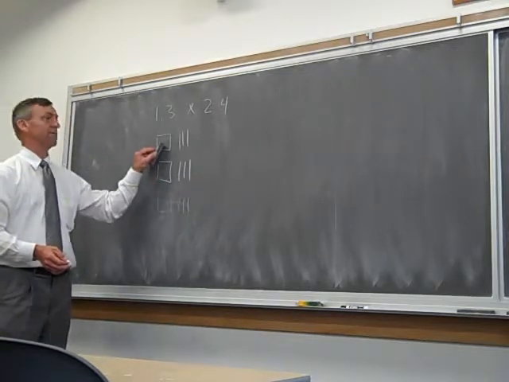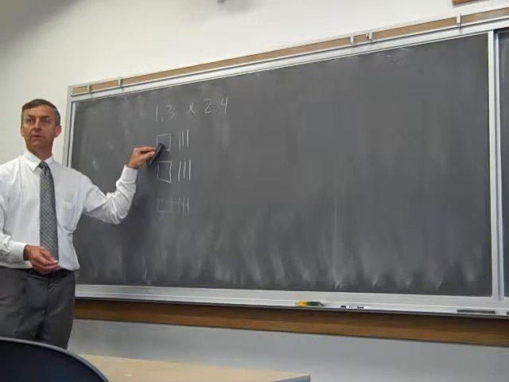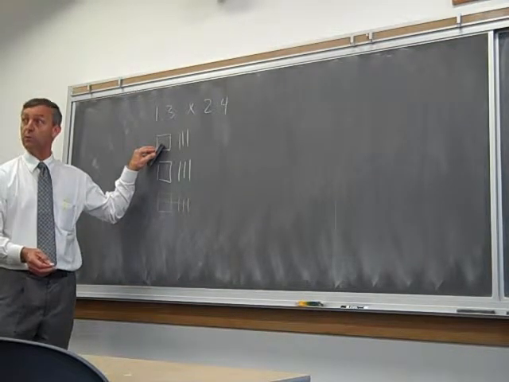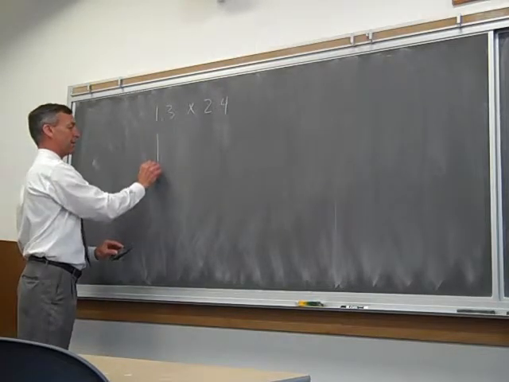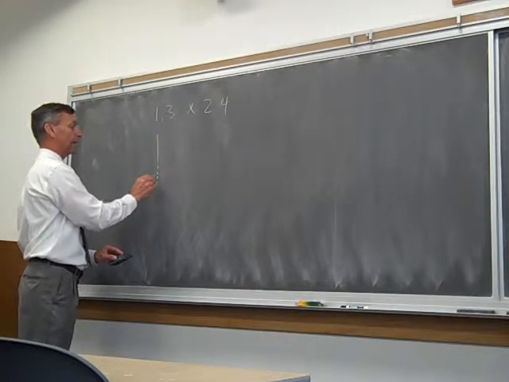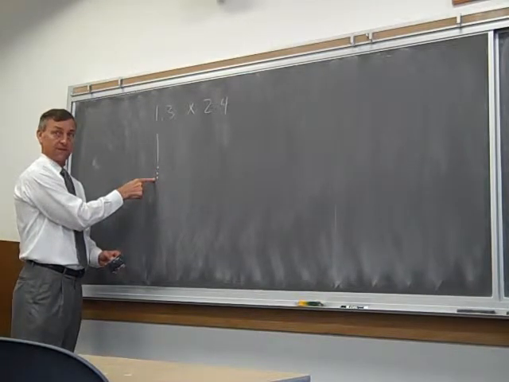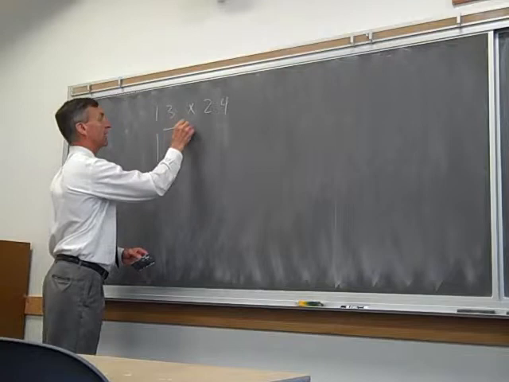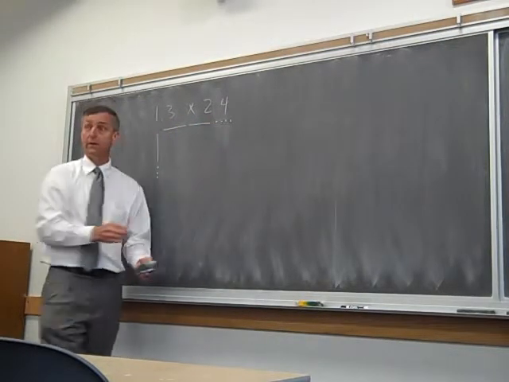But we don't want to use the flat as the whole unit this time. Use the bar, use the rod. So the 1.3 is 1 and 3, right? This is my whole, these are my tenths. Here's my 2 bars and 4/10, right?